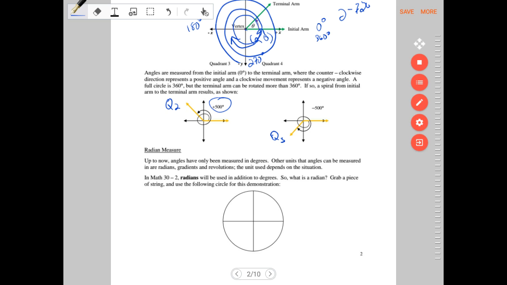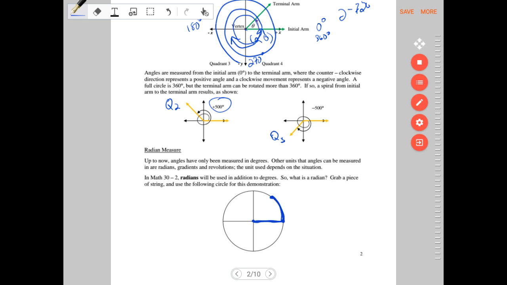Grab a piece of string or dental floss or some pipe cleaner or something, and I want you to take it and lay it on the radius, and make sure it's that length. Then take that string and curve it so that same length is here on the circumference of the circle.